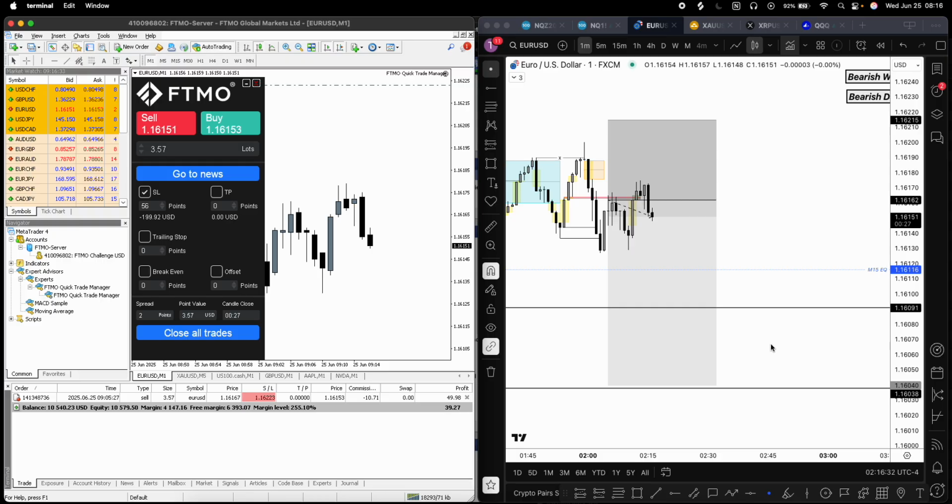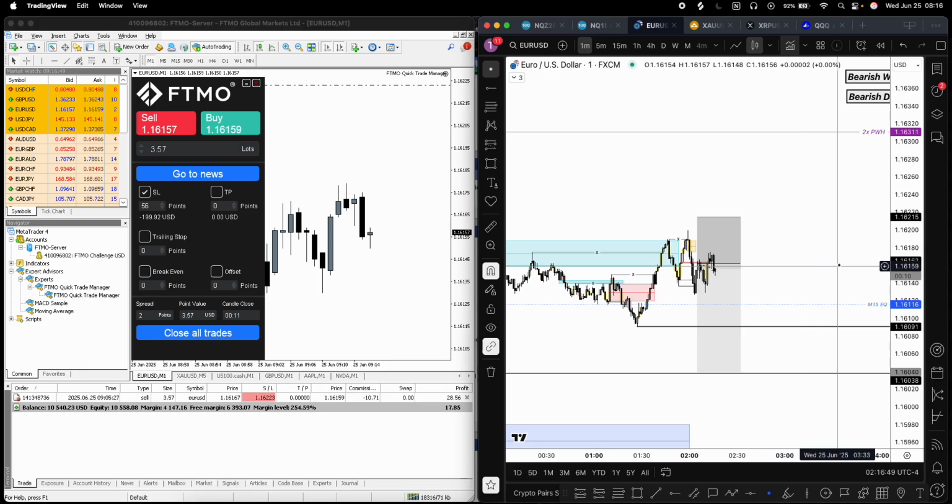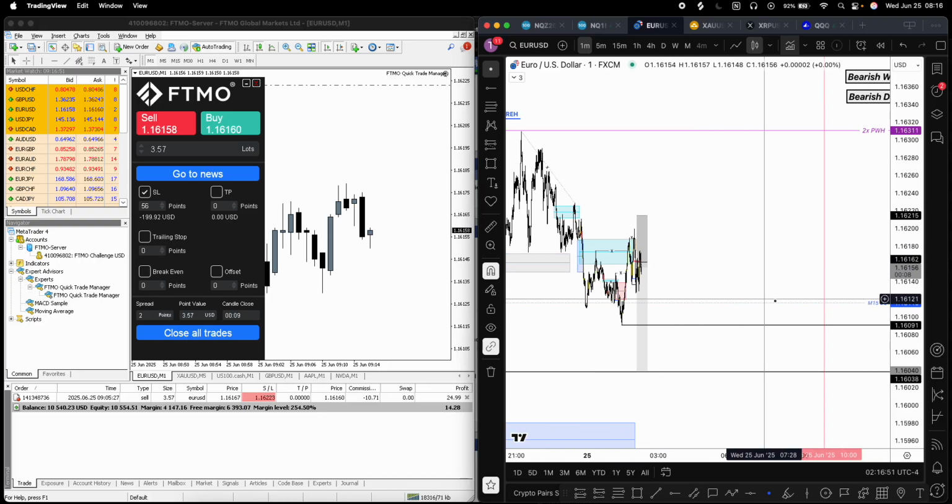But then again, sometimes the main narrative of the day is only followed at the news events, so price might just mess around until, which is over here, and then finally go down as expected.